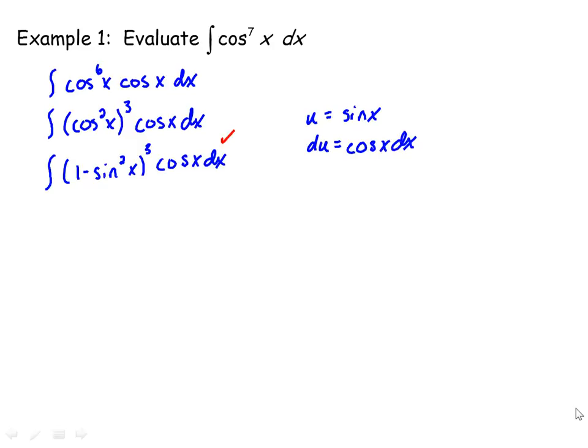Look, check, check. So the cosine x dx, that's du. That's nice. And then the 1 minus sine squared x is going to turn into 1 minus u squared cubed du.